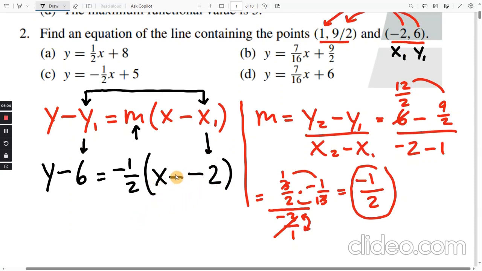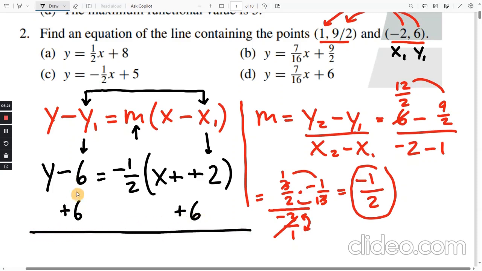The two negatives in a row make it positive, and we need to get the answers in y equals form. So solving for y, we have y minus 6. The opposite is plus 6. You want to do that to both sides. And it cancels here. Bring down the y. Bring down the equal sign. And distribute. Negative 1/2 times x is negative 1/2 x.